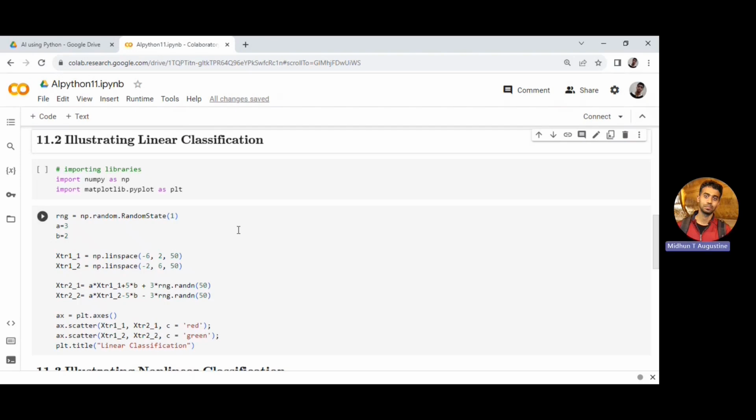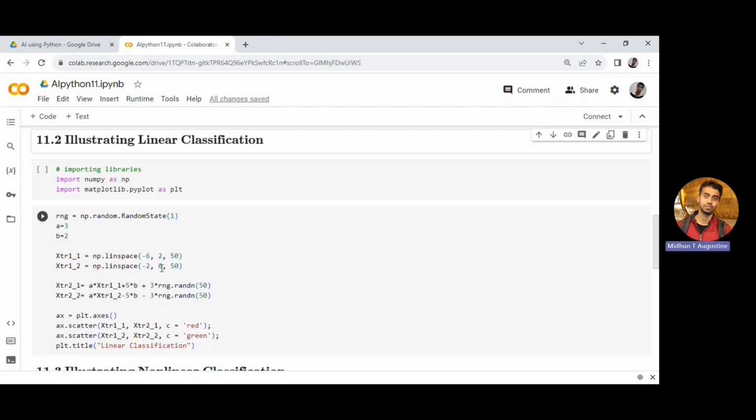The variables in xtr1 and xtr2 can correspond to two classes, and in xtr1 we select the first 50 samples corresponding to class 1 and we denote it as xtr1_1. Similarly, the next 50 samples correspond to class 2, which we denote by xtr1_2. Here xtr1_1 contains 50 data points which are chosen from the interval -6 to 2. Similarly, xtr1_2 contains 50 data points which are chosen from the interval -2 to 6.